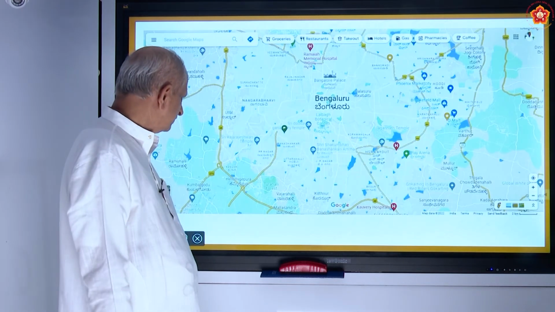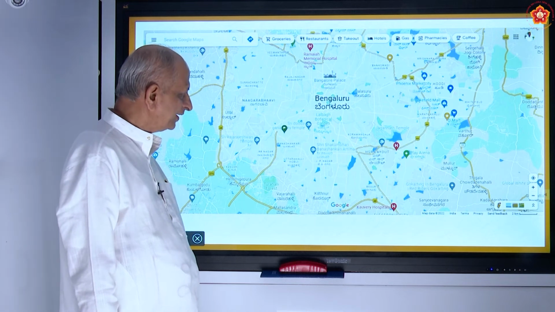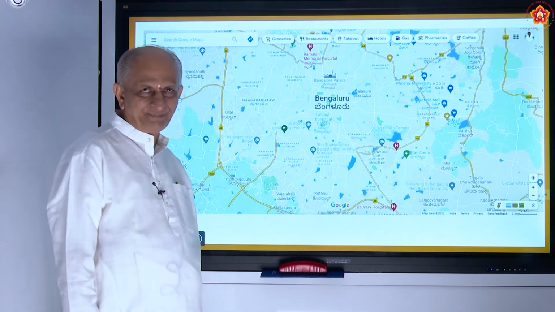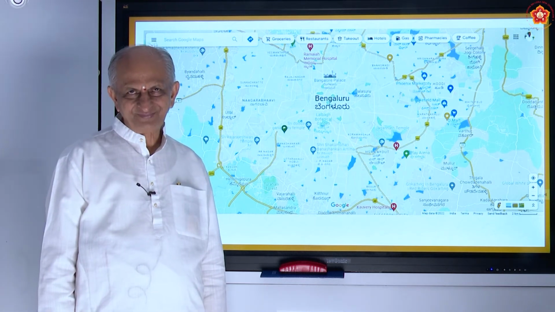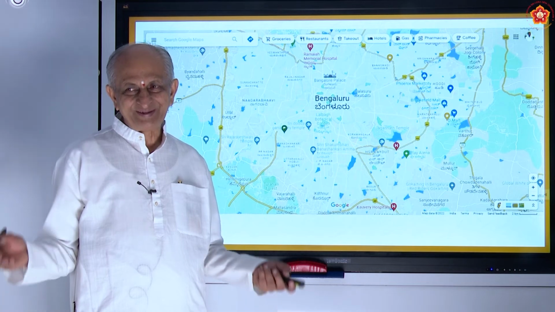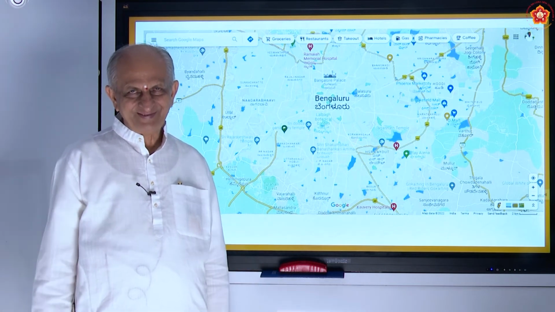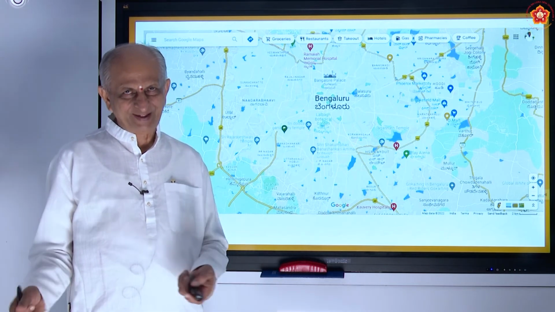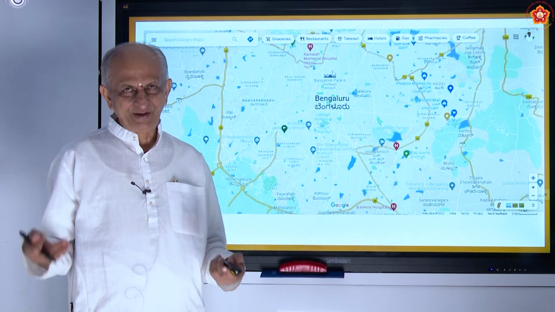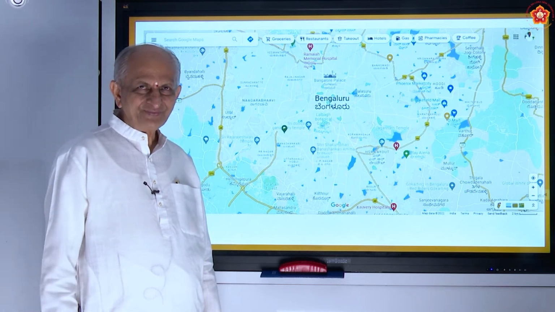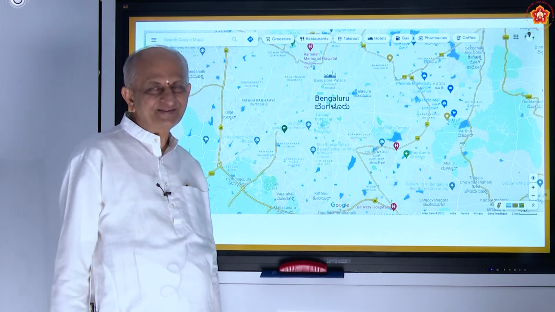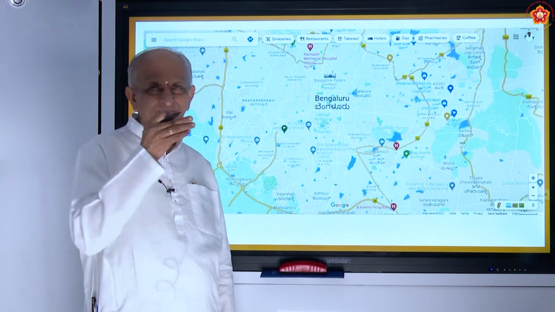Okay. So, for example, this is one example of a Google Map. Google is like something next to God. Because when you go to a new place and if you have an address with you, you can search any place and Google will show you.